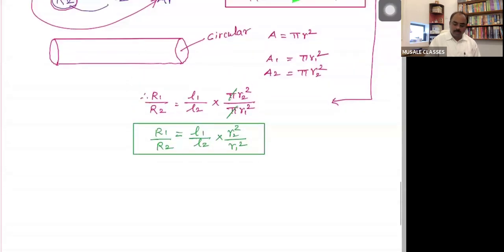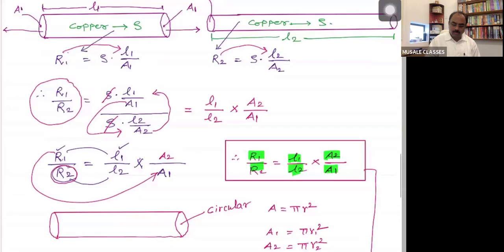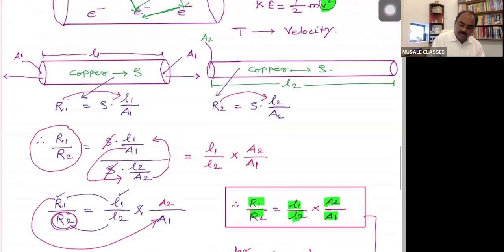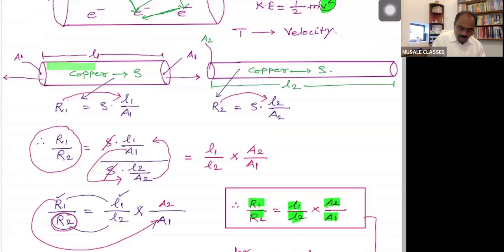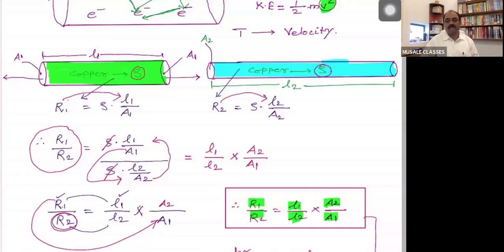Now you tell me one thing. Come to this diagram again. Even after applying the force, what will remain same? Resistivity is remaining same. Okay, this is one quantity which is remaining same.